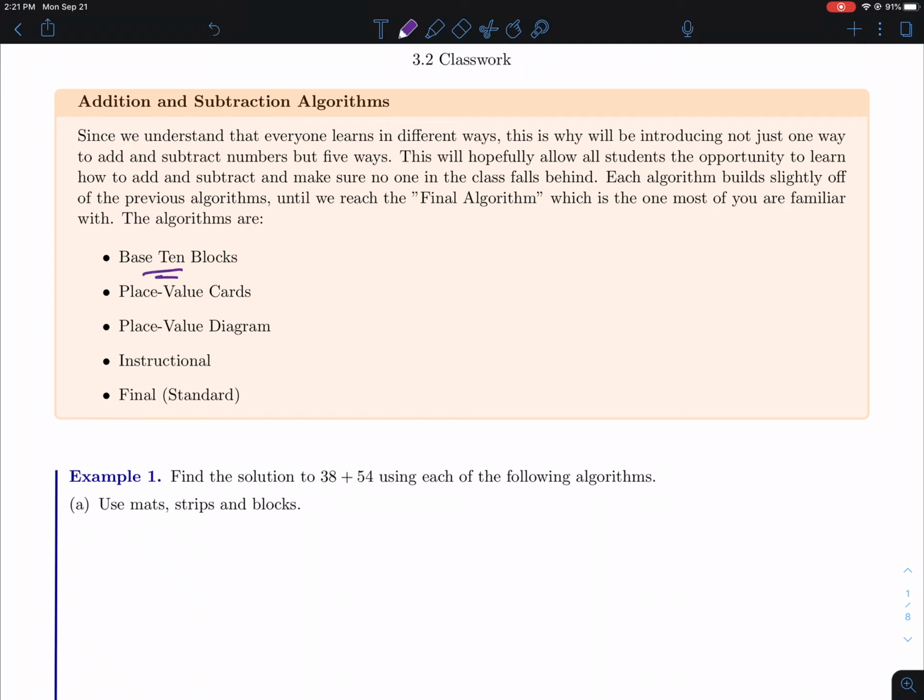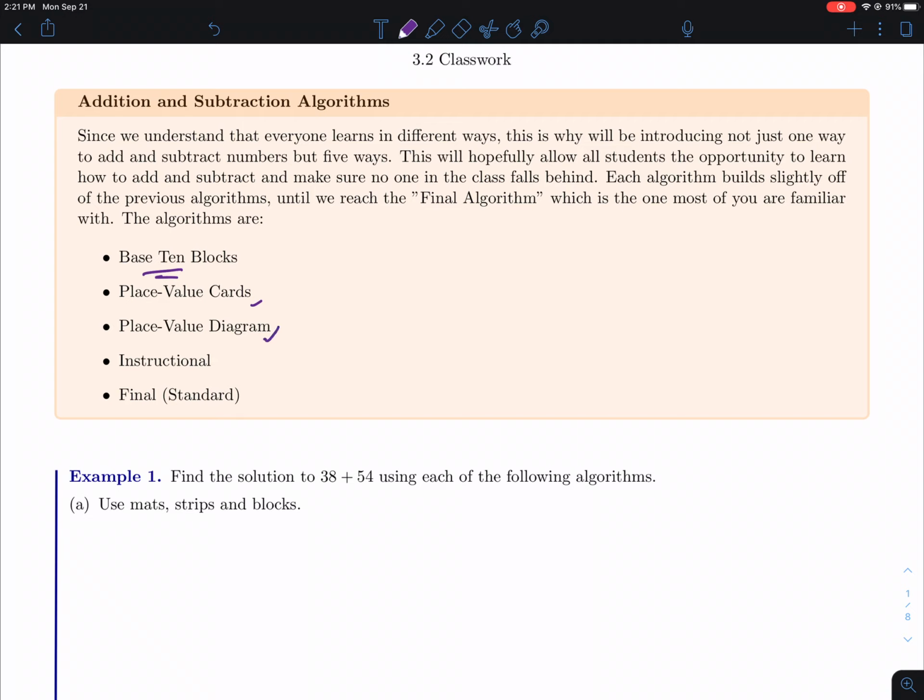So the five different models that we're going to talk about start with the base 10 block model. Again, we're going to turn numbers into base 10 blocks like we did in the last section, add them up, and then use the regrouping that we did in example 3 to turn it into the simplest number that we can. Place value cards are very similar to the base 10 blocks, but without having to draw everything out.